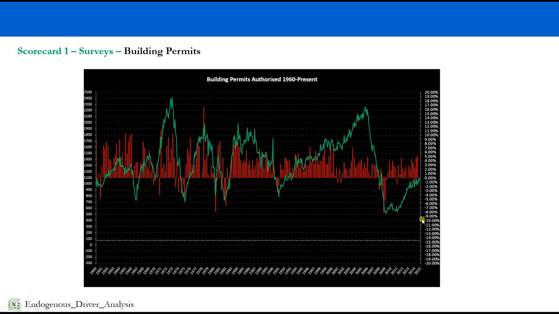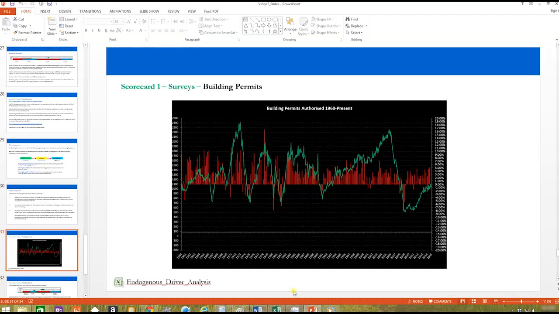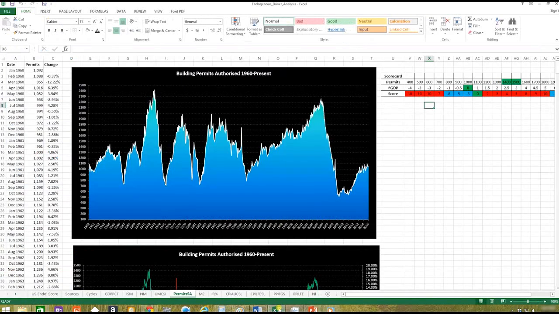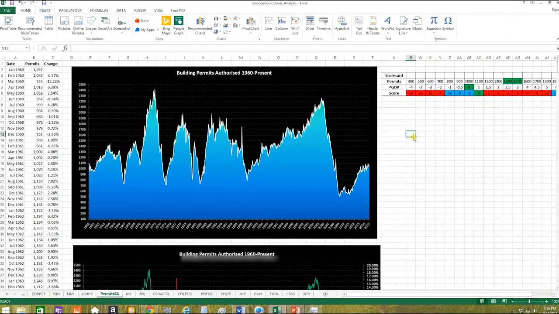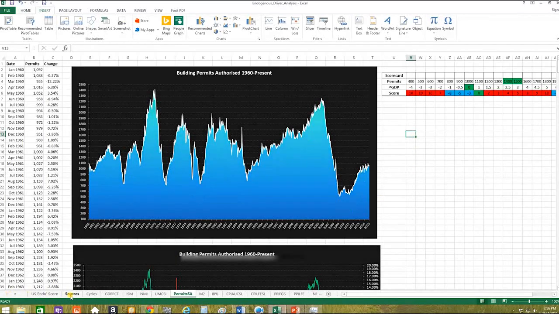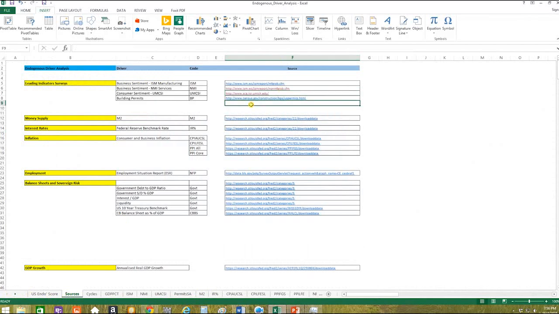So if we go out of the presentation here and we head over to the spreadsheet, you want to make sure that you're in the Permits SA tab, and we have our data, our charts, and our scorecard. Now what you can do is go over to the Sources tab, and you can see we've got the link here as well.